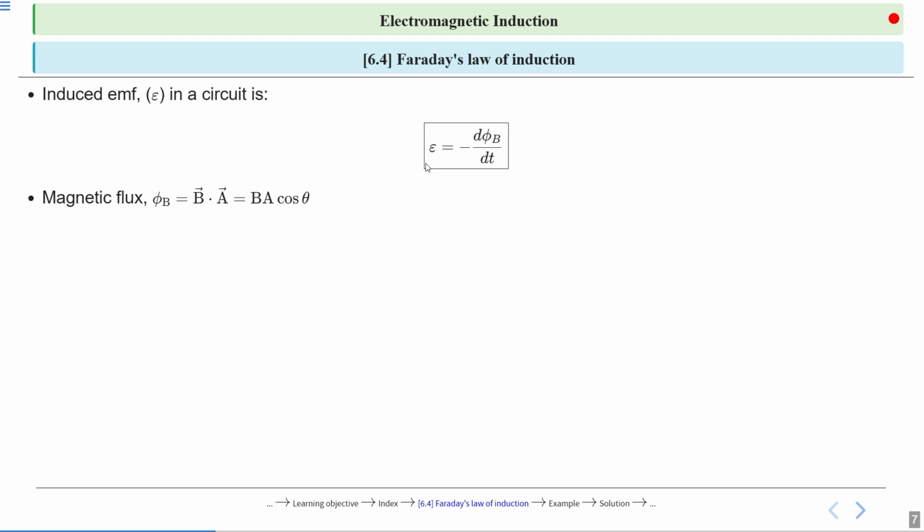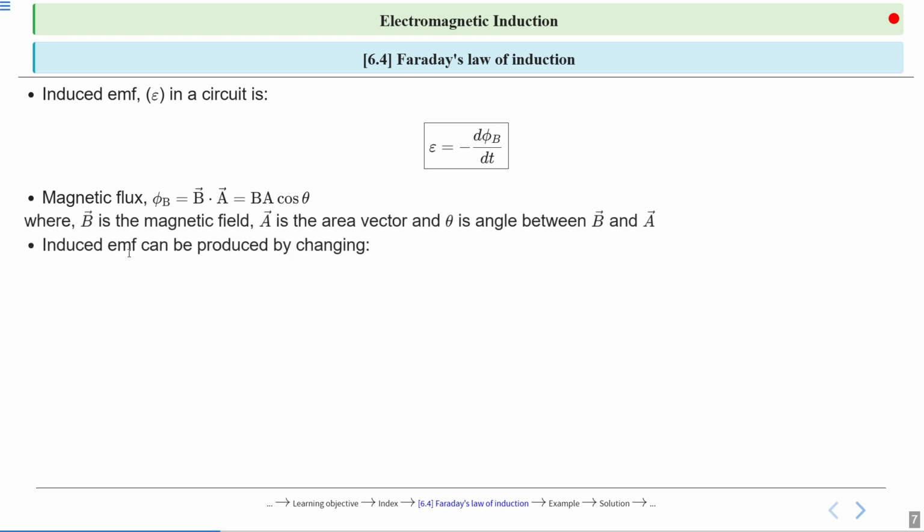Okay, so this is the thing you should remember in the entire chapter, that EMF can be induced by changing the magnetic flux, and magnetic flux can be changed by changing the magnetic field, area, or orientation. Where B is the magnetic field, A vector is the area vector, and theta is the angle between magnetic field and area vector.